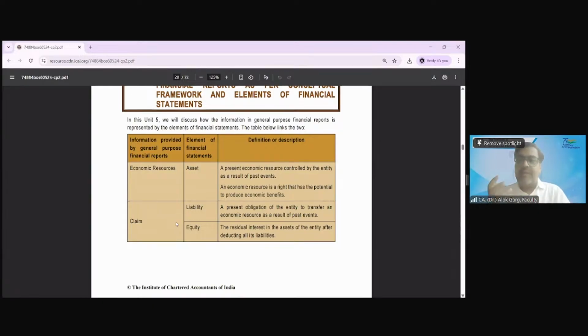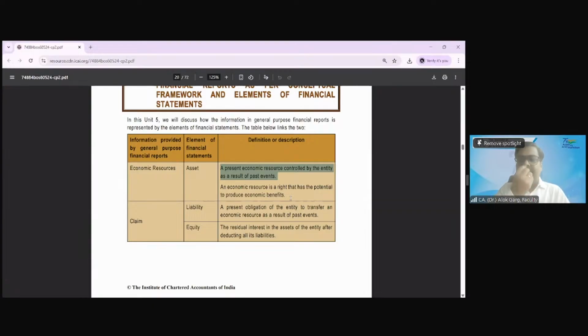Equity means when the shareholder is claiming, and liability is something where the lender and creditors are claiming. And asset is the economic resource. So the definition is given: what is an asset? A present economic resource controlled by the entity as a result of past event. And what is an economic resource? Which has a right and potential to produce economic benefit.